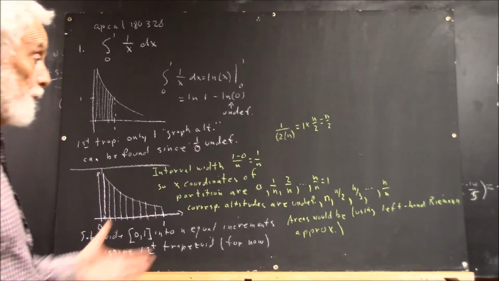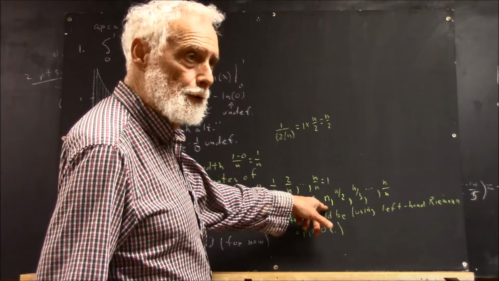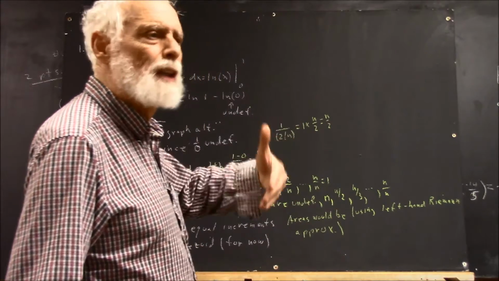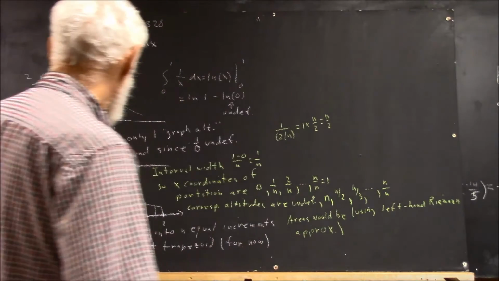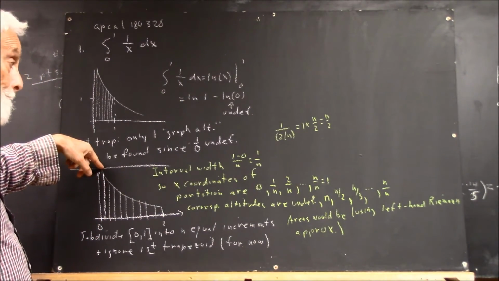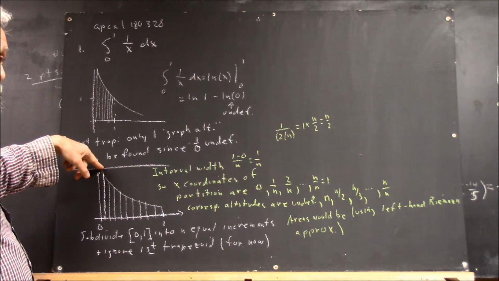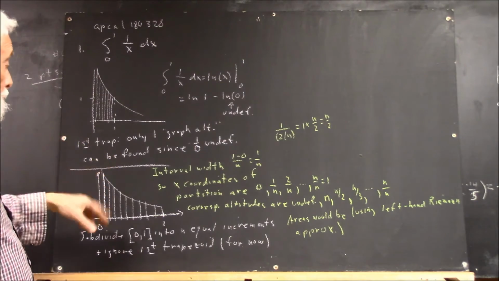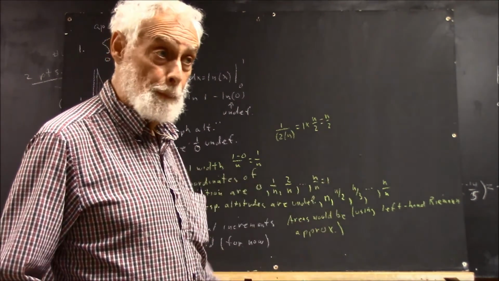We just use the left-hand altitude instead of the average graph altitude, so we just get a rectangle. The first rectangle is going to have height n. What's its area going to be? It's the graph altitude that we're using multiplied by the width, right?